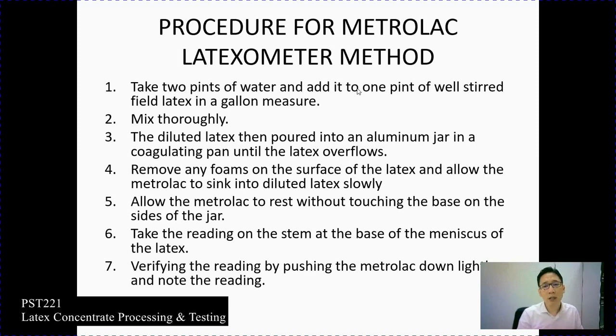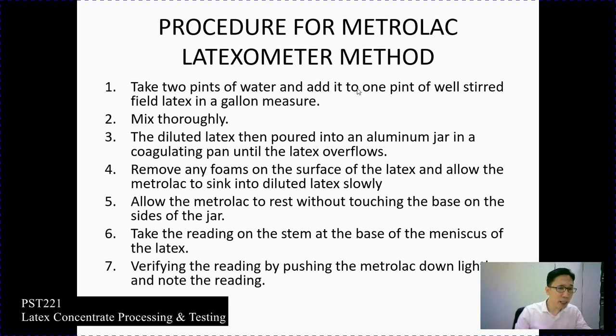Okay, take the reading on the stem at the base of the meniscus of the latex. So on the Metrolac you will have a stem reading. So you take the reading, verifying the reading by pushing the Metrolac down lightly and noting the reading.